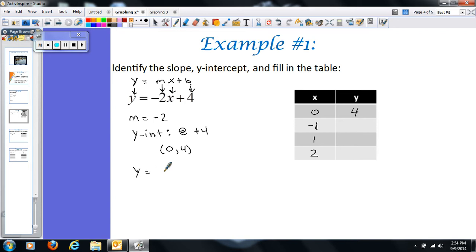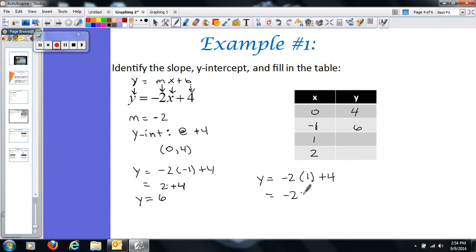So y equals -2 times -1 plus 4. This is -2 times -1 is 2, plus 4, and that says that y equals 6. The next one, you got y equals -2 times 1 plus 4.